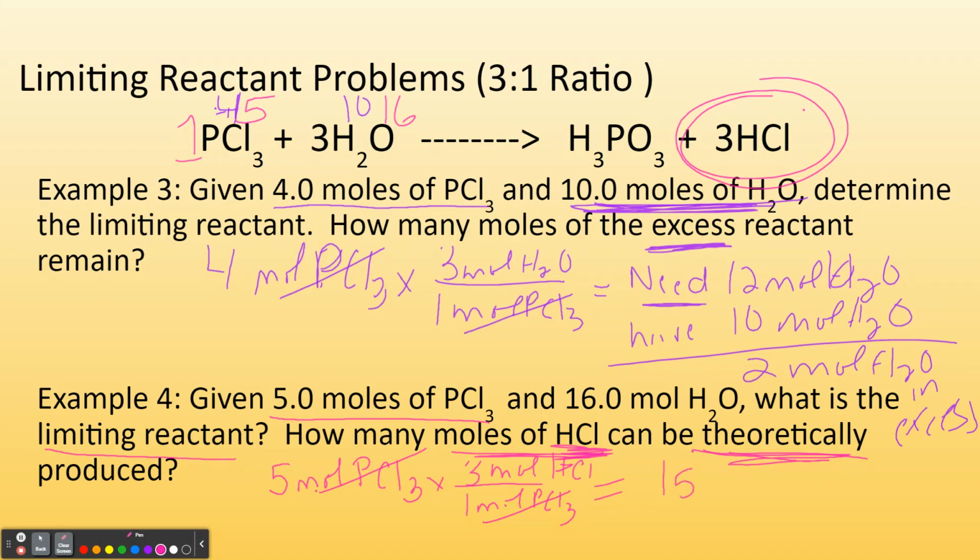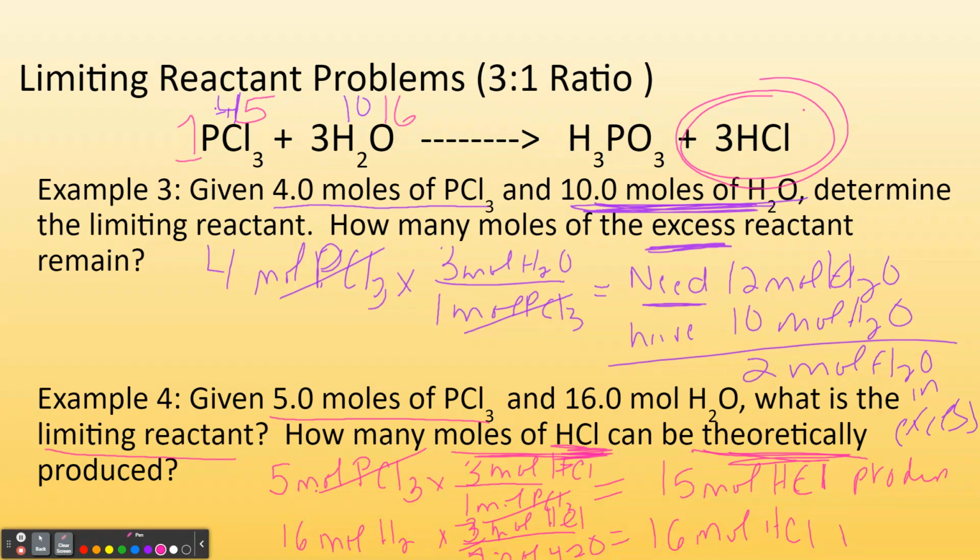That gives us 15 moles of hydrochloric acid produced. We do the same thing with our given of water. We've got 16 moles of water times 3 moles of hydrochloric acid over 3 moles of water. That's a 1-to-1 ratio. So I'm going to get the same thing, 16 moles of hydrochloric acid produced.